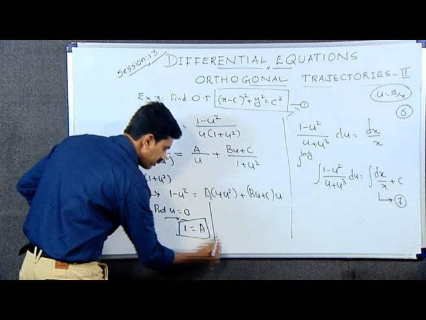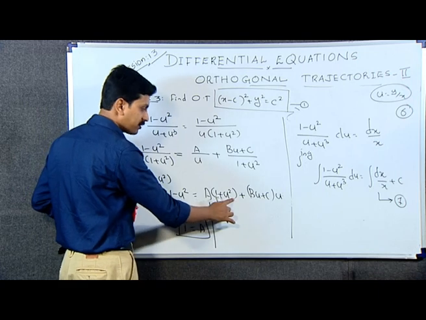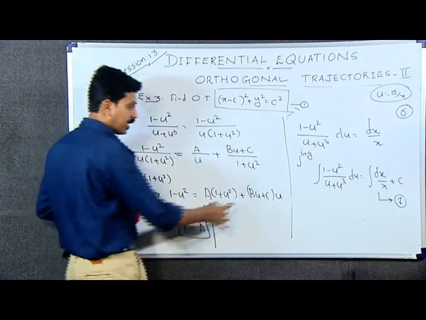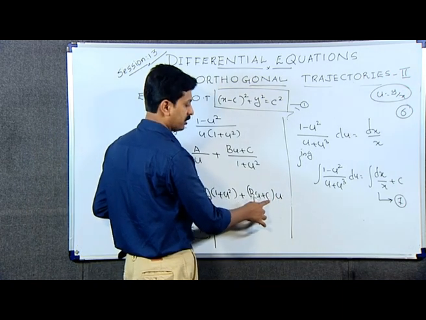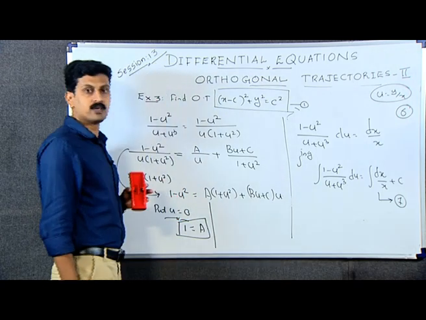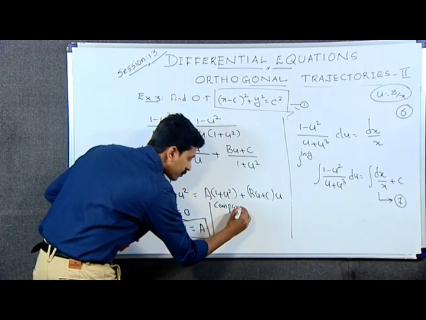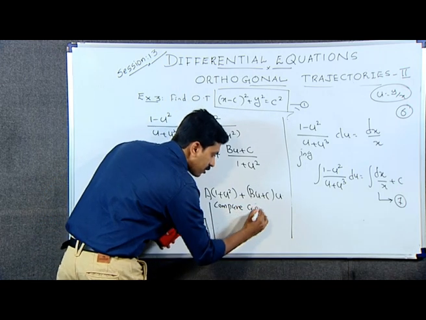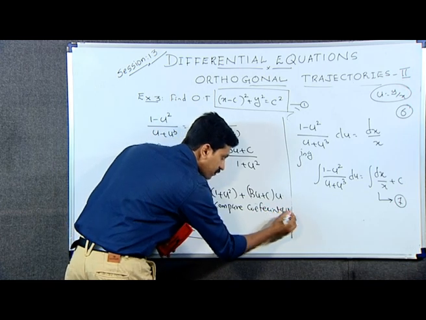Now, see, compare: here there is no term of u, but on the other side there is a term of u, b u into u, that is u square, and only the coefficient of u is c. So, I am comparing the coefficient of u.